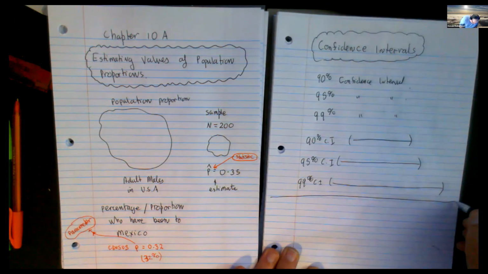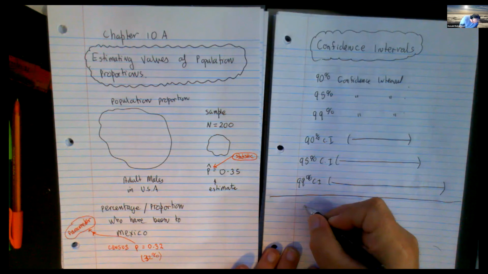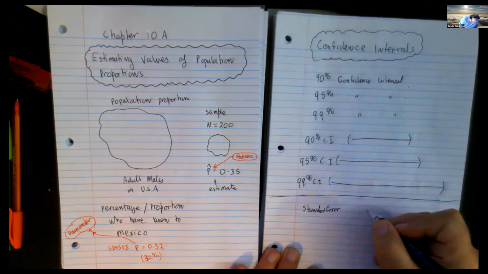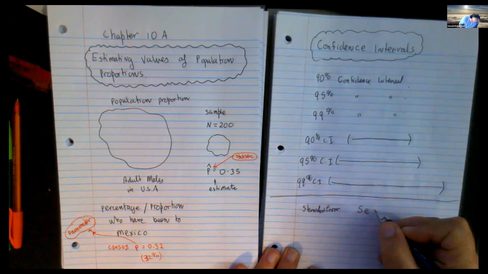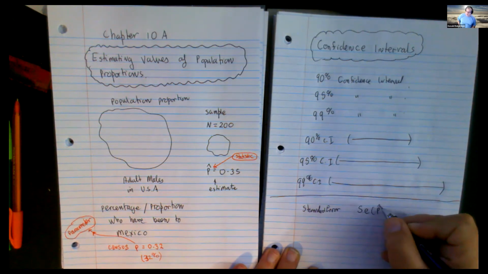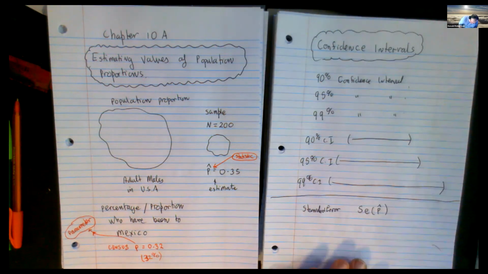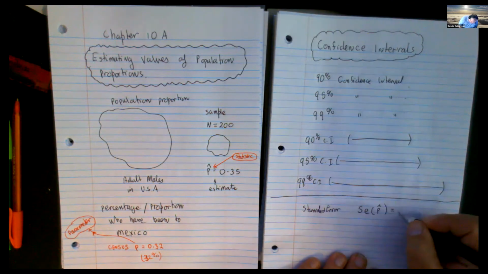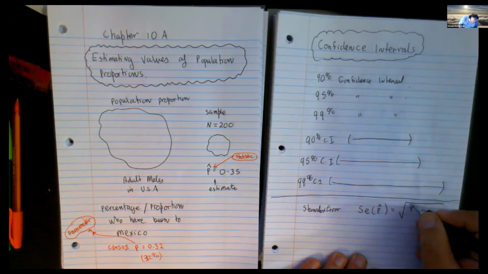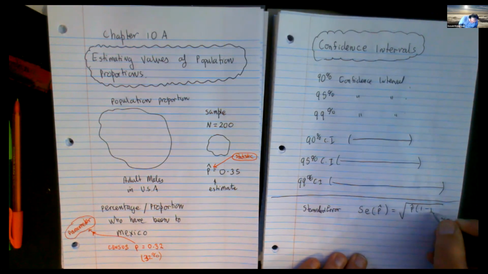Well, we need to find a guy that you've met called the standard error. And his formula, SE of p hat, is given by the square root of p hat, 1 take away p hat over n.